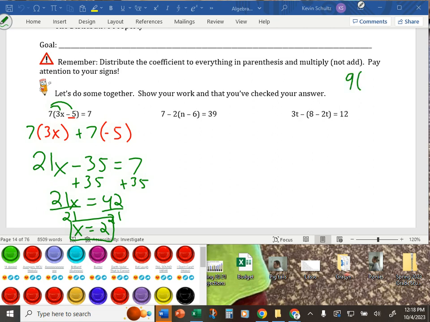Take 9 times 2x plus 3 equals 113. At least get the distribution part down. At least try and solve the whole thing. But 9 times 2x plus 3 equals 113. Do it on a blank part because it's not on your page.